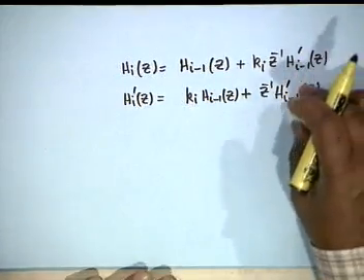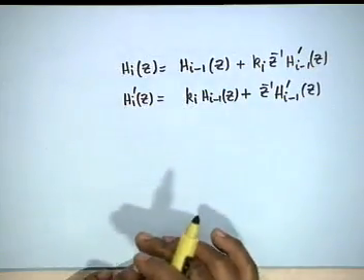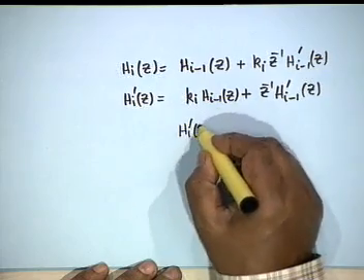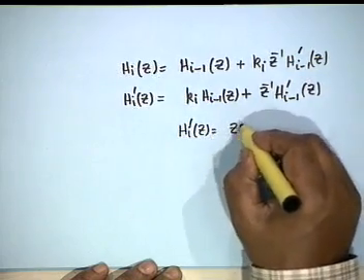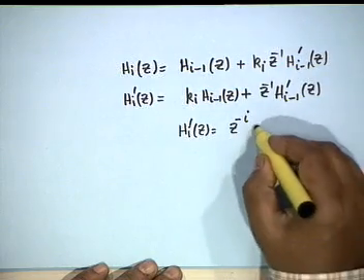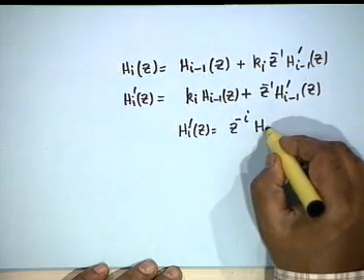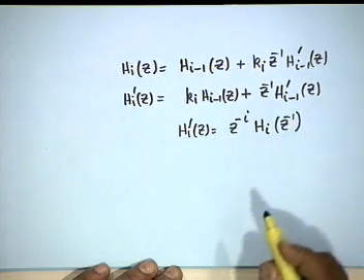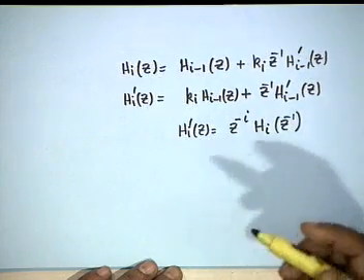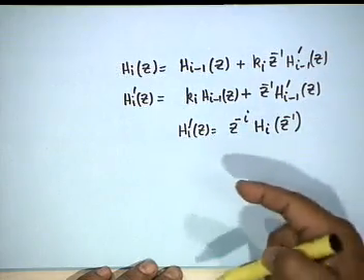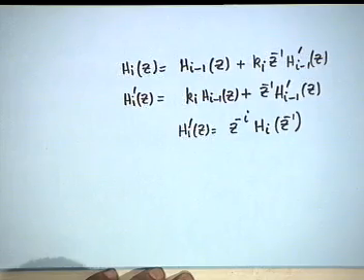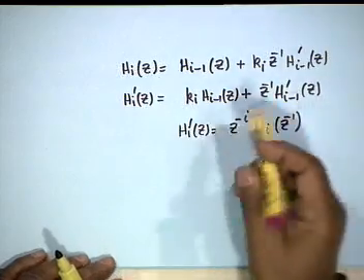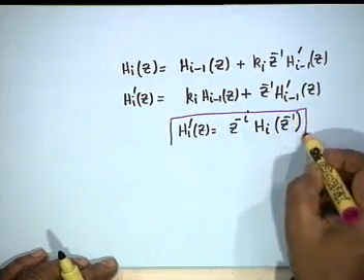These are not by induction, these are from the diagram, but by induction you can show that Hi'(z) is equal to z to the minus i Hi of z inverse, okay. We showed it for i equal to 1 and i equal to 2. Assume that this is true for i minus 1, then you prove that this is valid for i also. So, this is a result to be remembered, we shall require this later.